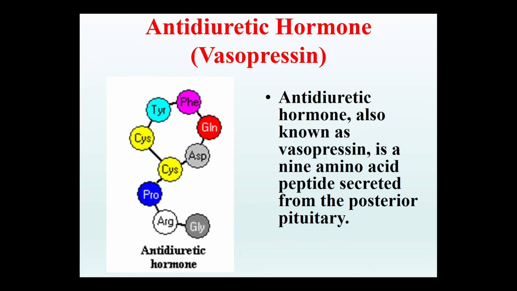Such precise control of body water and solute concentrations is a function of several hormones acting on both the kidneys and the vascular system. We will talk about some of them, but there is no doubt that antidiuretic hormone is a key player in these processes.